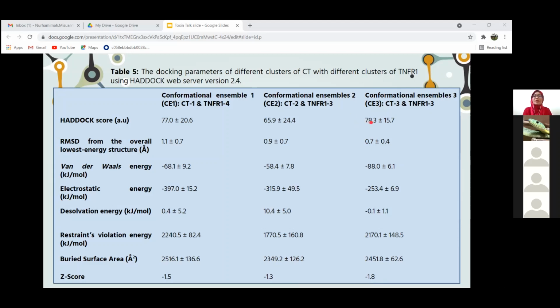But when we compare between all these 3 conformations, the head-up score was more comparable. So that's why we choose CE3. And in addition to that, the van der Waals and desolvation energy of CE3 conformation was the lowest, which indicated the energy stability of CE3.